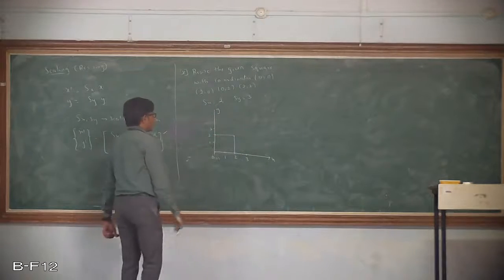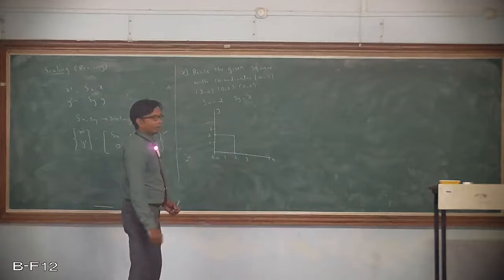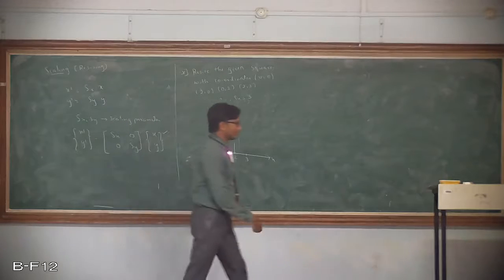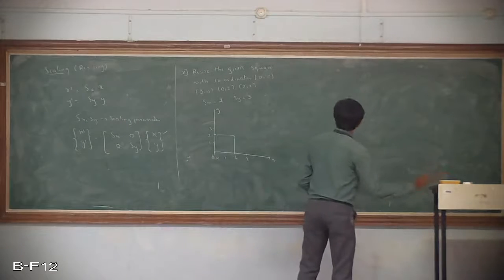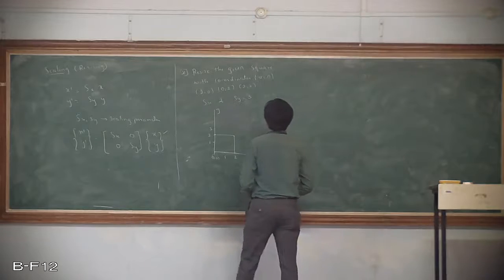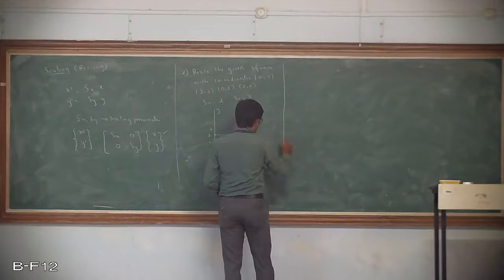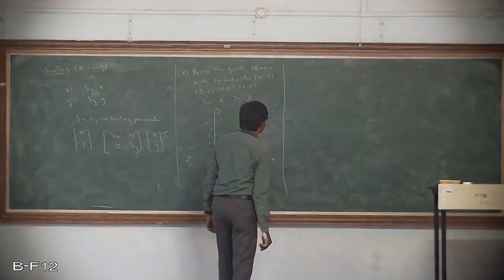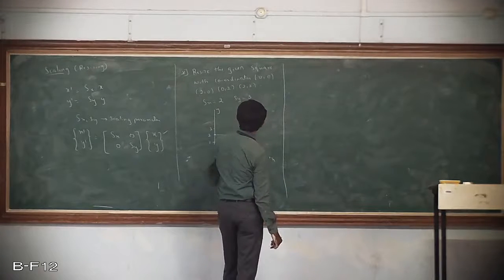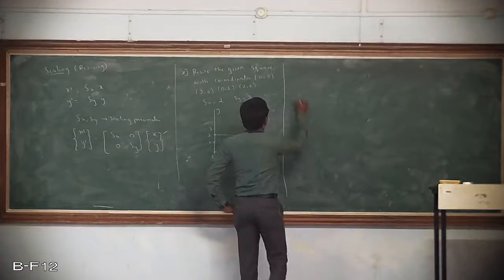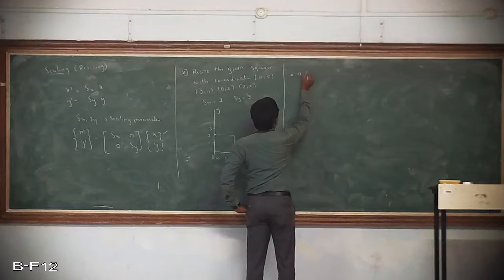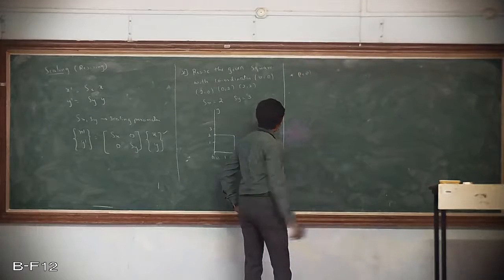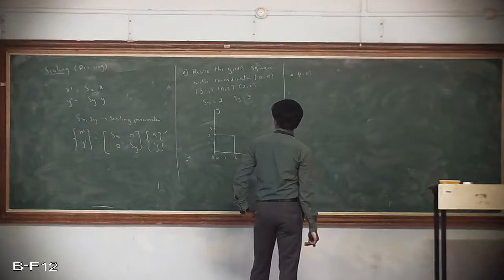Okay, so I need to scale it by 2 units in the x-axis and 3 units in the y-axis. So we'll start with the solution and later we'll draw the coordinates, to see how it looks when it is resized. First is the point 0, 0. The first point is 0, 0.